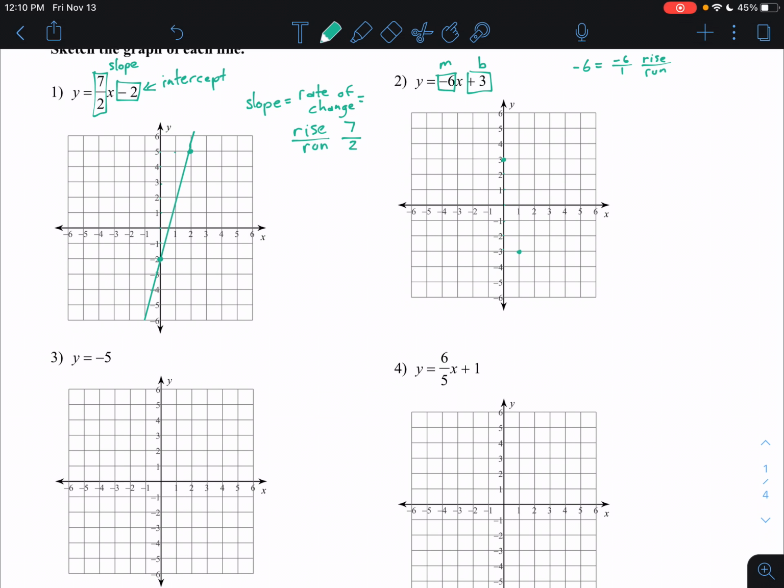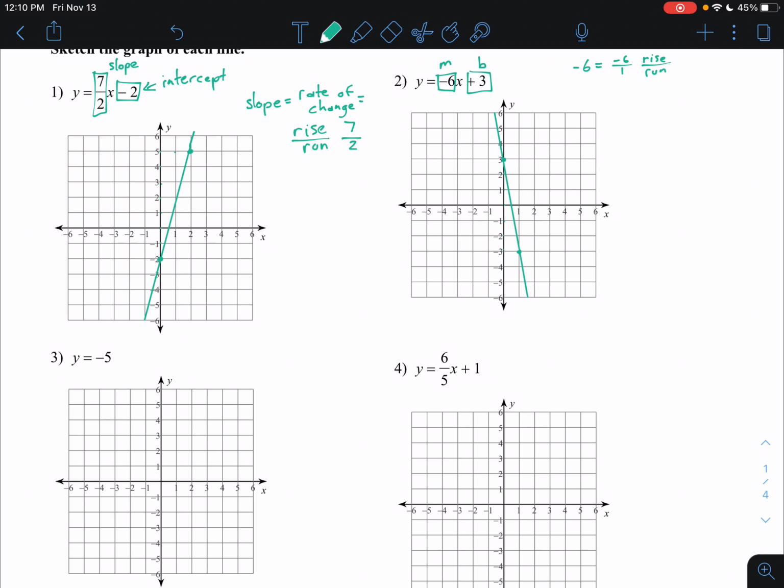So now I have 2 points, and I can make a line through those 2 points. And that is what the graph of negative 6x plus 3 would look like.